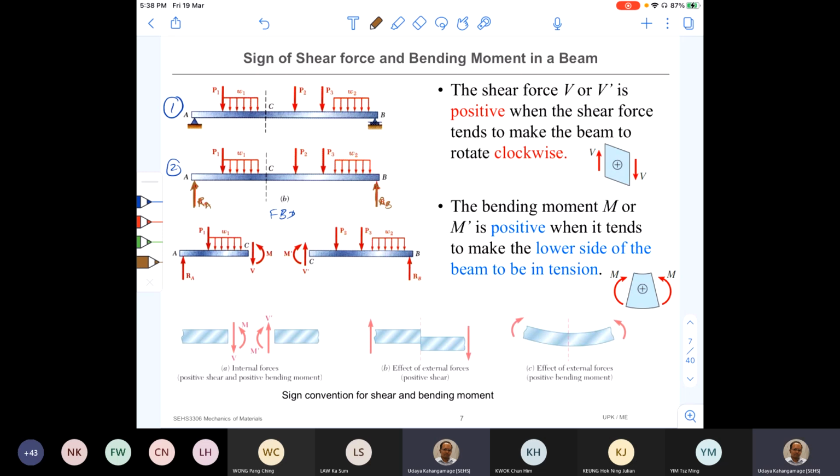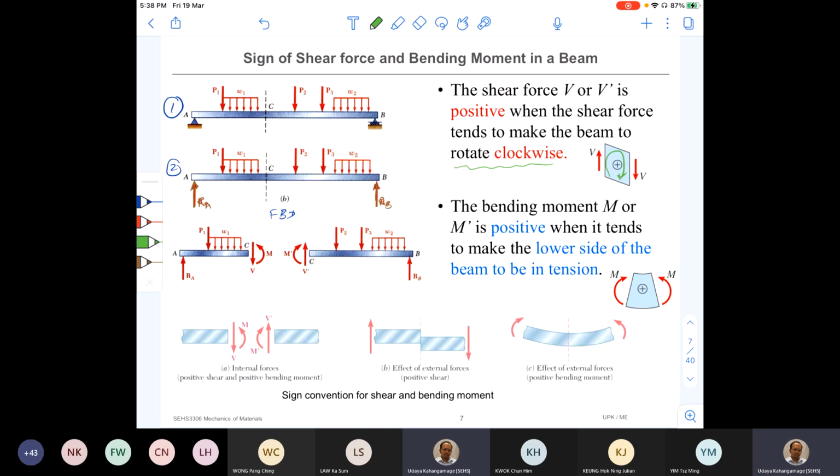So just to avoid any confusion when you write the equations, you need to know the sign convention. Here we define a positive shear force as an internal shear force that creates a clockwise rotation in the beam. So what do we mean by clockwise? Now you can see here is a clockwise rotation, right? Like this.